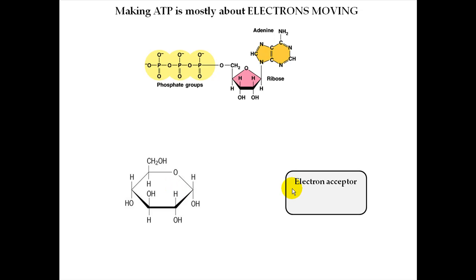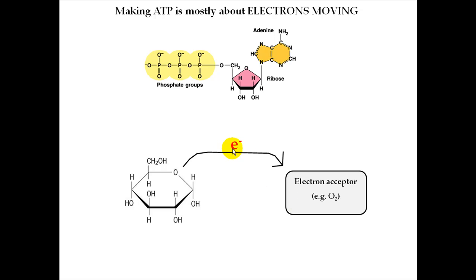An example of a molecule that our cells commonly use as an electron acceptor is oxygen. And oxygen is a really good electron acceptor, again, because of its high electronegativity. Right? It's really good at pulling electrons towards it. And so that's what happens when ATP is made. So something like oxygen ends up pulling high energy electrons, for example, from glucose towards it.